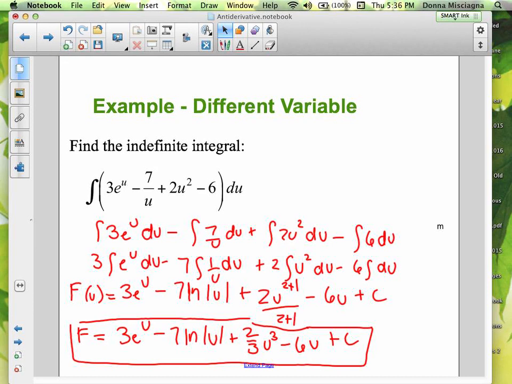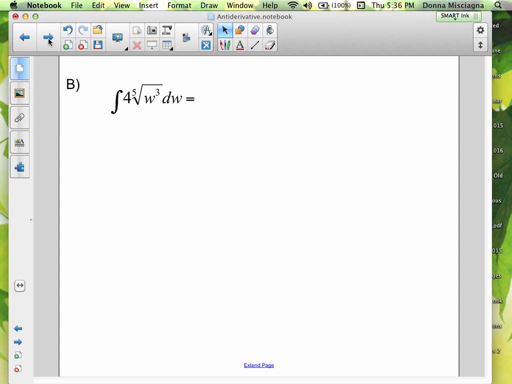Okay, so a different variable doesn't matter so long as the variable of integration matches. So here we have the integral of 4 times the 5th root of w cubed dw. Okay, so different variable, but w and dw match.